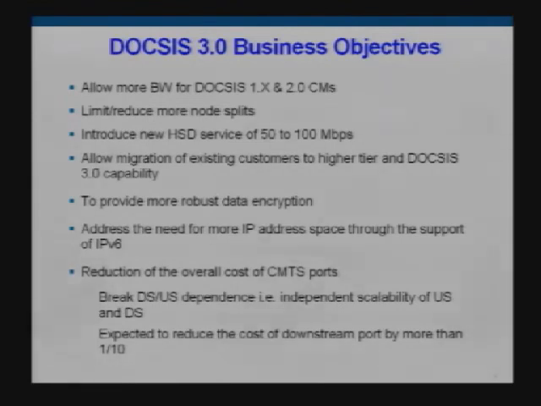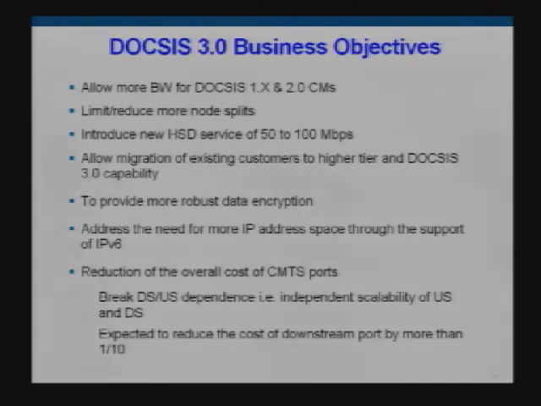The prior DOCSIS versions, DOCSIS 1.x and DOCSIS 2.0, have an inherent limitation on the bandwidth, because at the most a single downstream channel wasn't able to support more than around 37 Mbps in the downstream, and that downstream channel itself is shared by multiple subscribers, n number of subscribers. Likewise, the upstream channels also had bandwidth limitations.